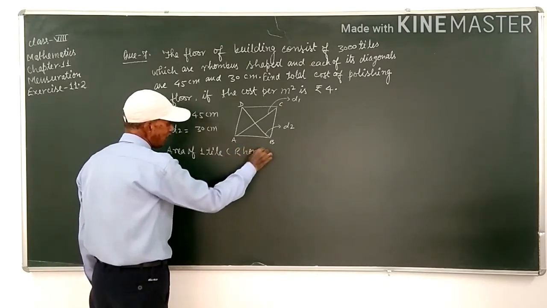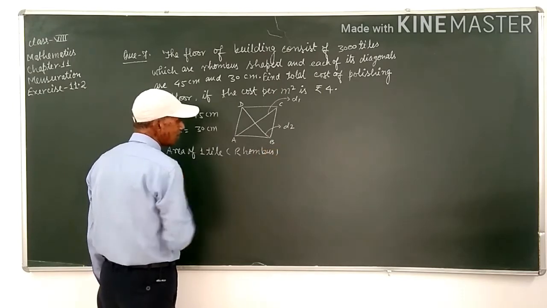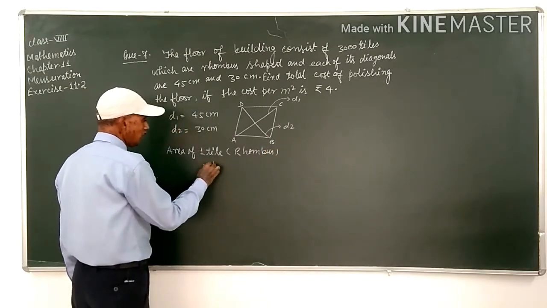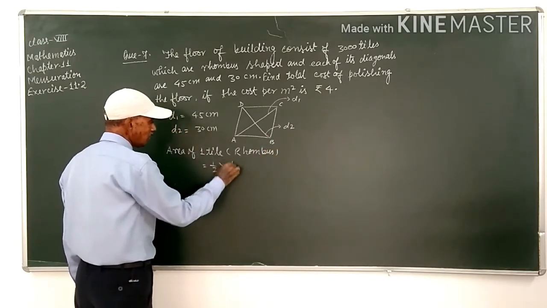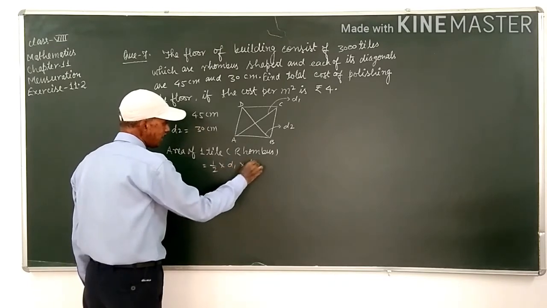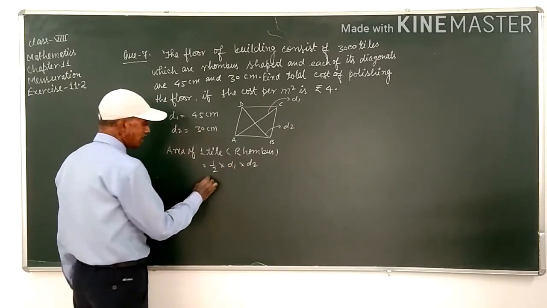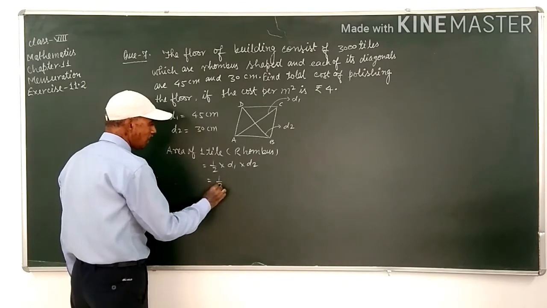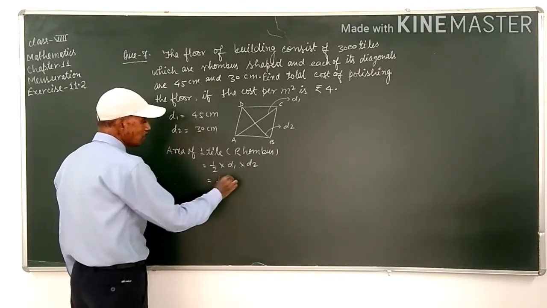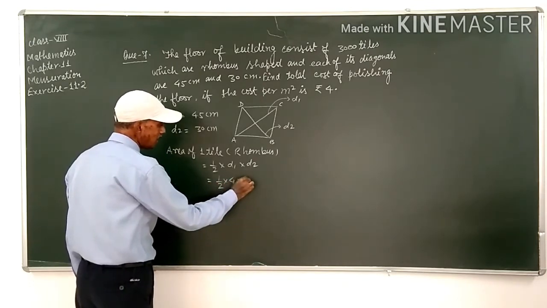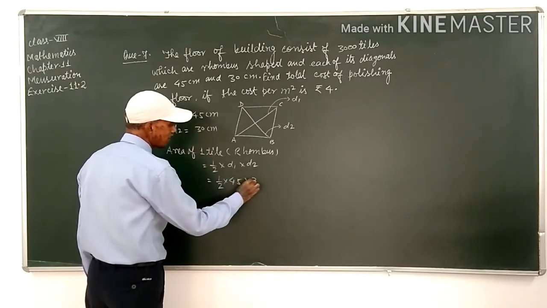The area of a rhombus is equal to 1 by 2 into diagonal first into diagonal second. That will be 1 by 2 into 45 into 30.